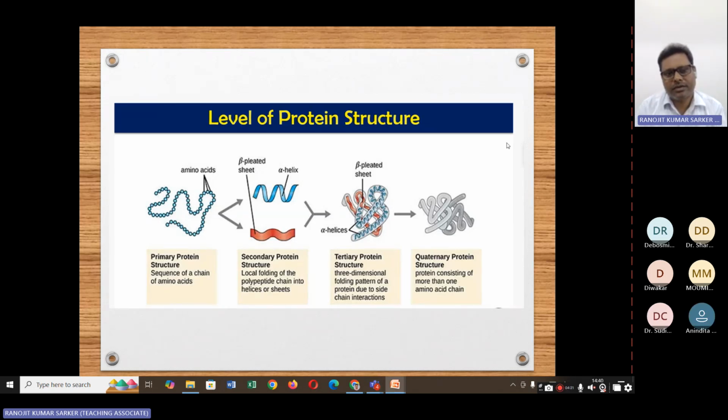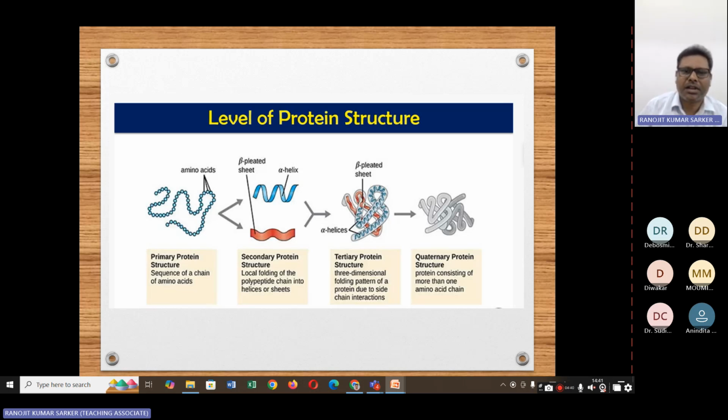Now, this polypeptide chain is first locally folded, and the local folding you categorize into alpha helix and beta pleated sheets, and then these local folds are folded into its three-dimensional structure.